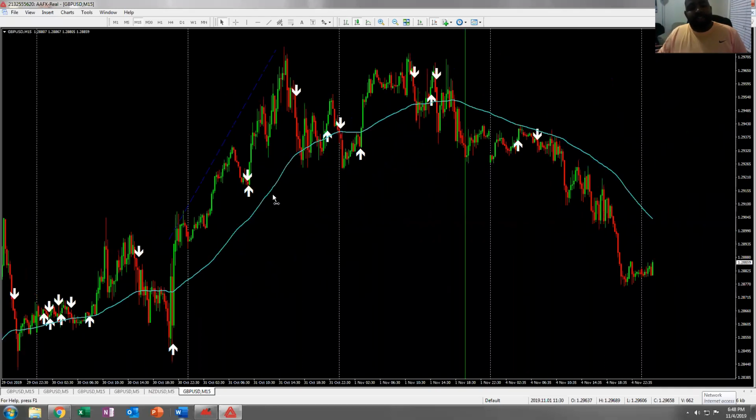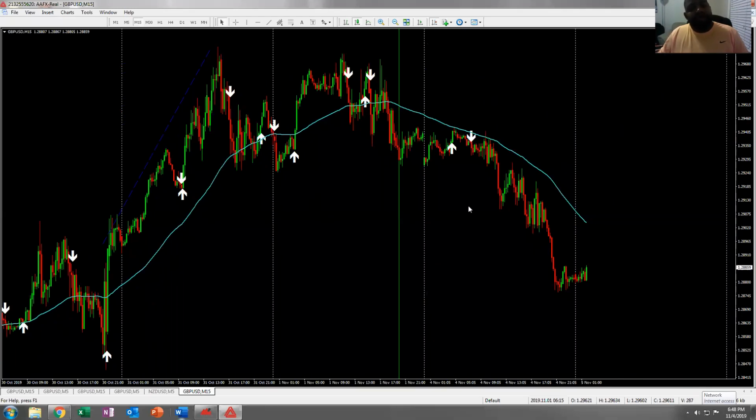So this is GBP USD 15-minute chart. These are period separators for the people that don't know. This is the start of a new day.